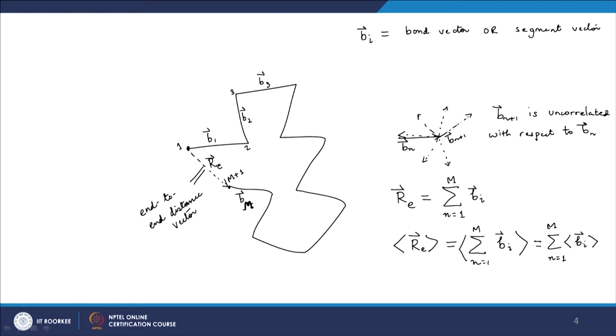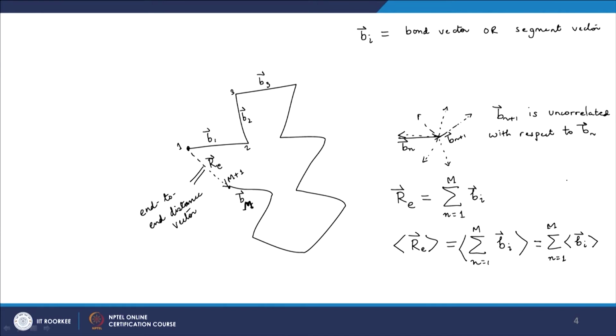and now if I look at it, then these bond vectors, just like I explained, can be in any direction. So, if I look at different conformations, you will find that Bi has equal probability of being in this direction as being in the opposite direction, and that is true for all possible directions. Okay. What it really means is, if I take an average of these bond vectors, what I will essentially get is 0, and it really does make sense, because the polymer chain can take any number of conformations.